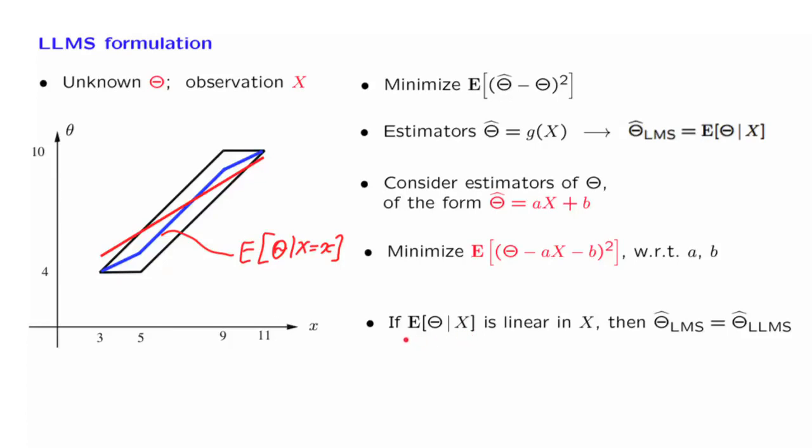That is, if the optimal solution turns out to be already linear, imposing the extra constraint of sticking to linear estimators is not going to make any difference. But in general, this is not going to be the case. The conditional expectation may well turn out to be a nonlinear function of the data, as in this example, and in those cases, the linear least mean squares estimator is going to turn out to be different.